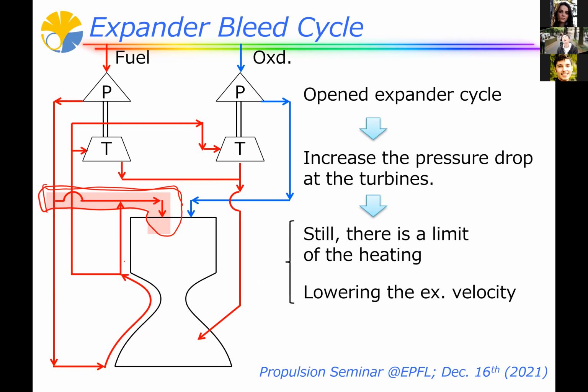Actually, in Japan, we are now developing the next generation launch vehicle. It's called H3, and H3's first stage will employ this expander bleed cycle. For the first stage, we need a high thrust, but we want a simple and reliable system. So they selected this engine cycle.